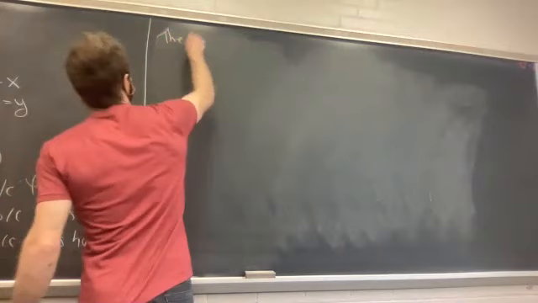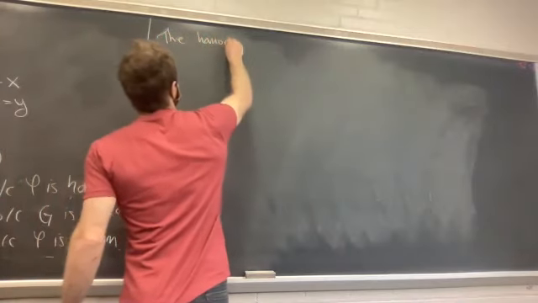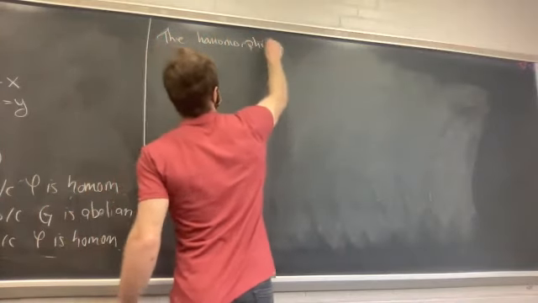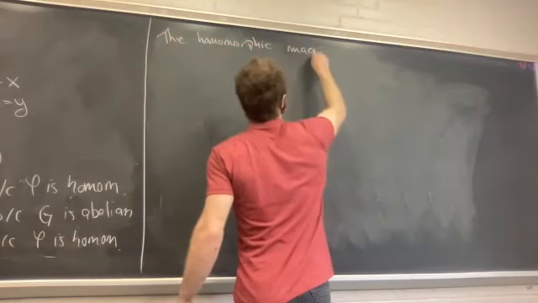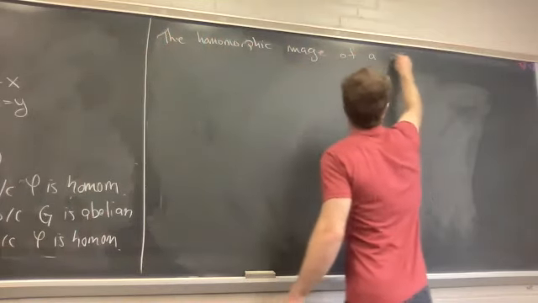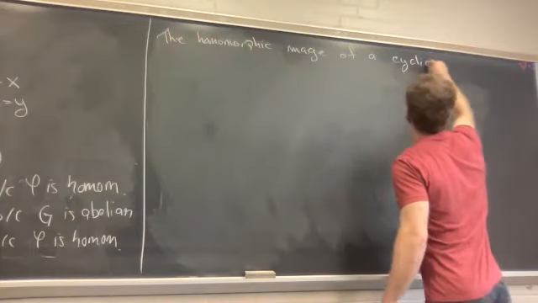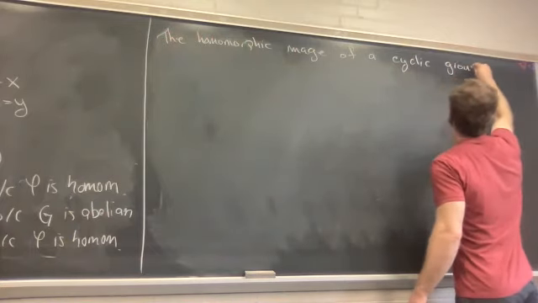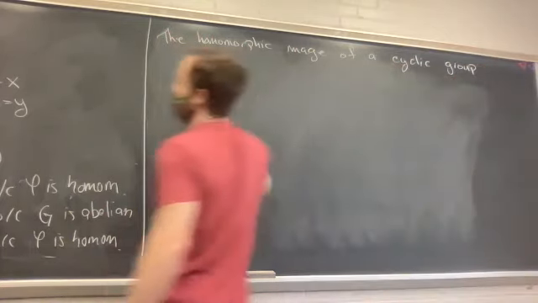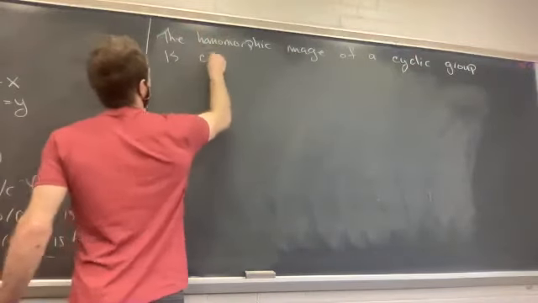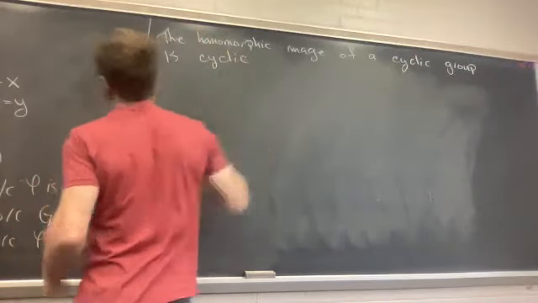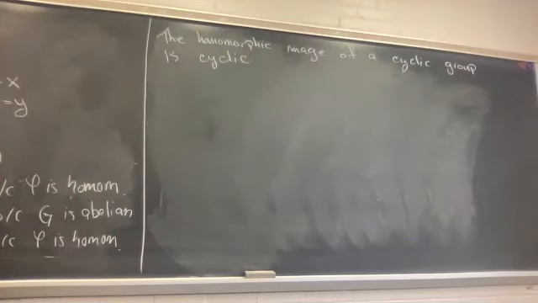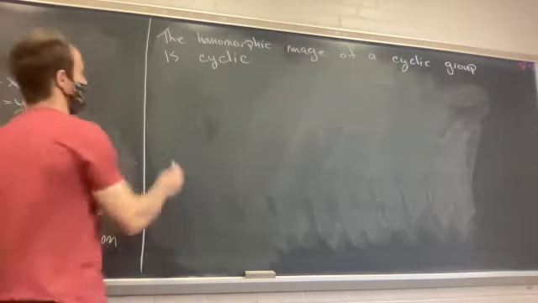So the homomorphic image of a cyclic group is cyclic. That's how we could write that in words. And now with the way the book writes it, with a defined function, it would go like this.